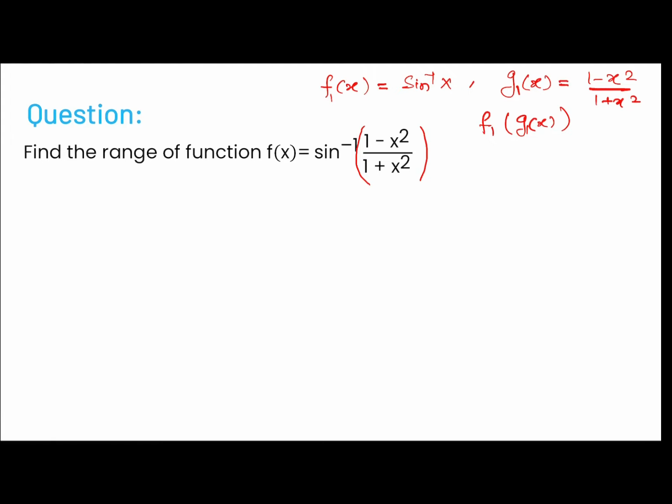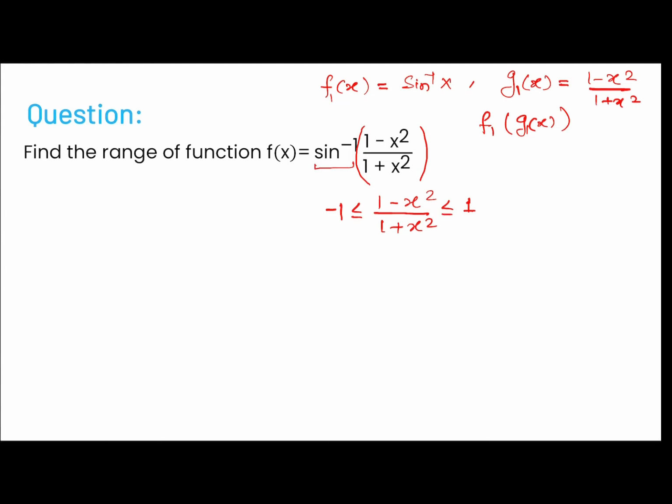So now what we can say about the domain of this function. So 1 minus x square upon 1 plus x square must be in between minus 1 to 1 to define sine inverse x.